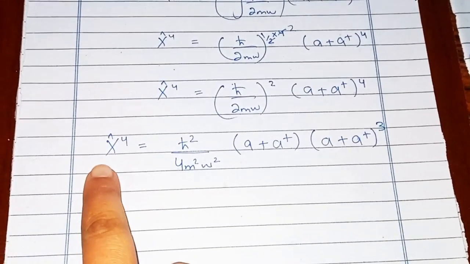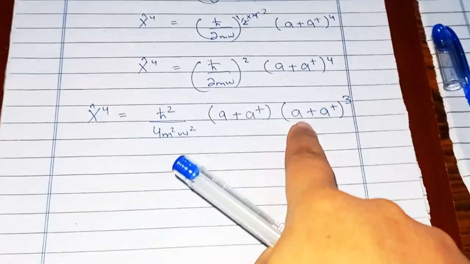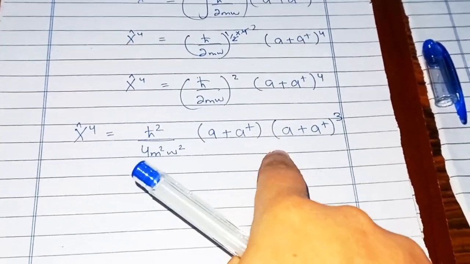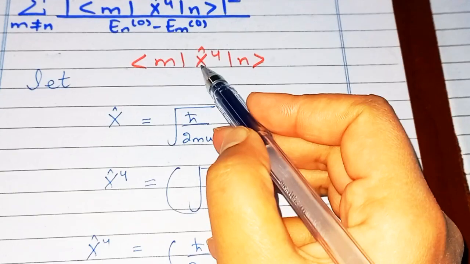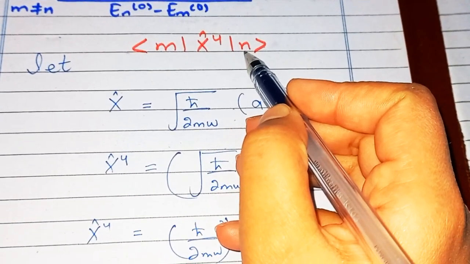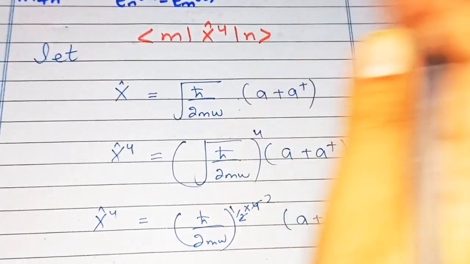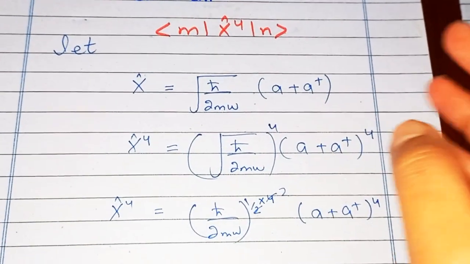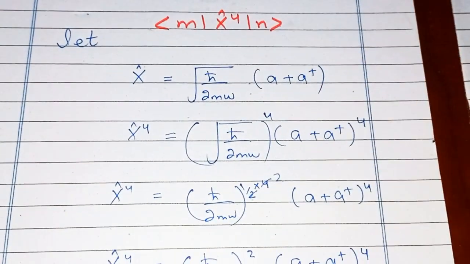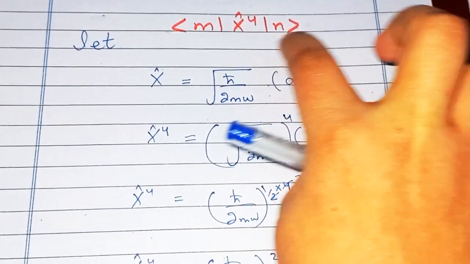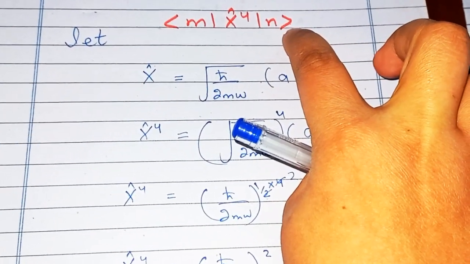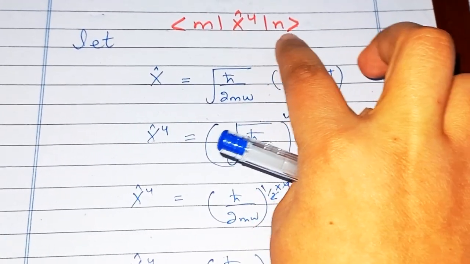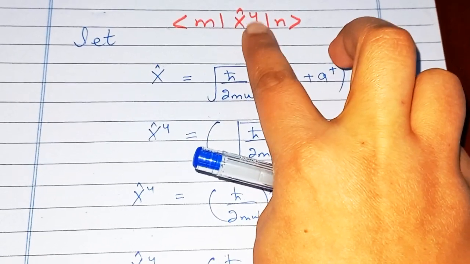In this way, we have written the position operator in terms of its ladder operators, and now we apply this operator on the ket vector on its right-hand side, because operators only apply on the wave functions or kets on their right-hand side. So this is the ket vector being operated on by this operator.